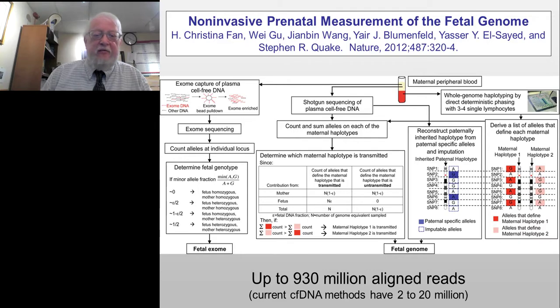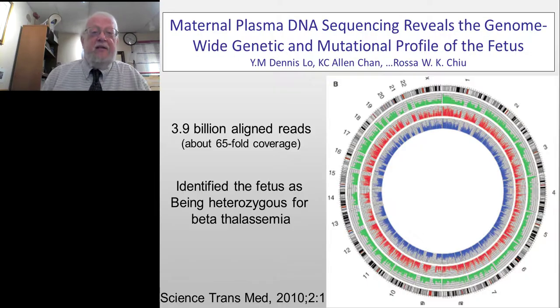But the thing I want you to really focus on is current cell-free DNA sequence about as few as 2, and some groups sequence perhaps as many as 20 million fragments. This is 930 million fragments. This is not something that's going to be cost competitive in the near future. But it did work, and they showed that it did.